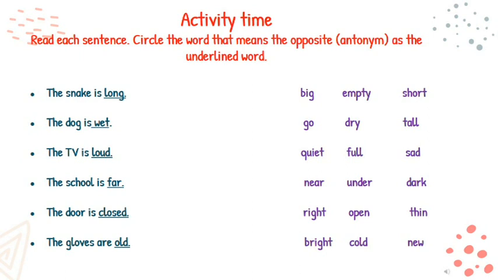Okay? First one. The snake is long. What is the opposite word of long? Big, empty, or short? Second one. The dog is wet.